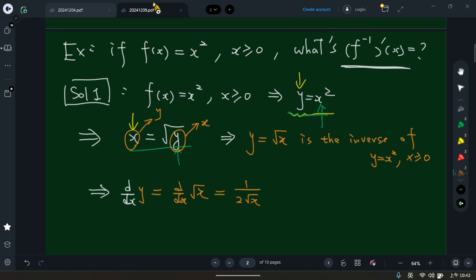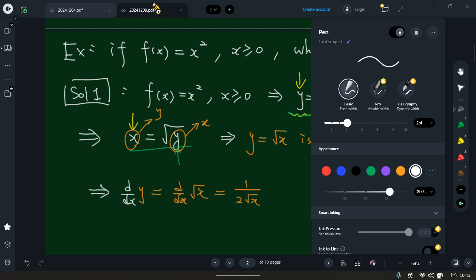So actually so far we didn't apply the theorem, the previous theorem. We just follow that we have the original function, we can get its inverse first, then differentiate the inverse. Okay?